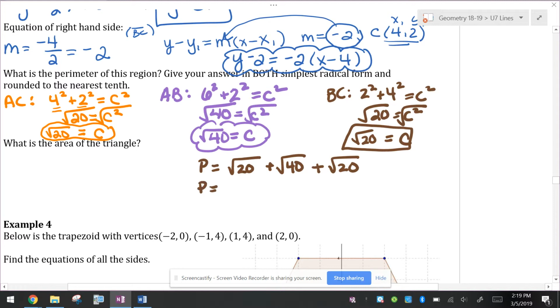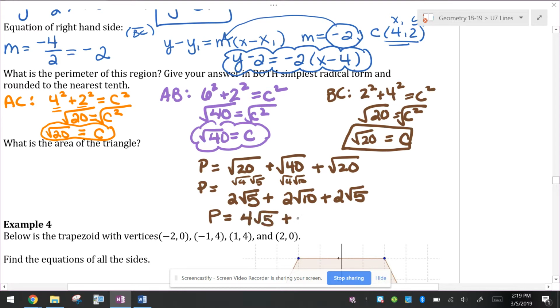If I simplify these, 20 is 4 times 5, so that's going to be 2 root 5. 40 is going to be 4 times 10, so that's 2 root 10. And another 2 root 5. So my perimeter in simplest radical form is 4 root 5 plus 2 root 10.